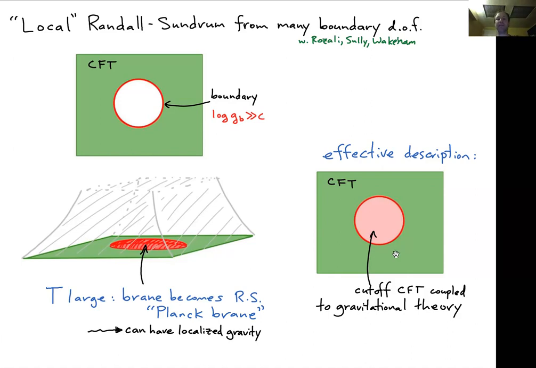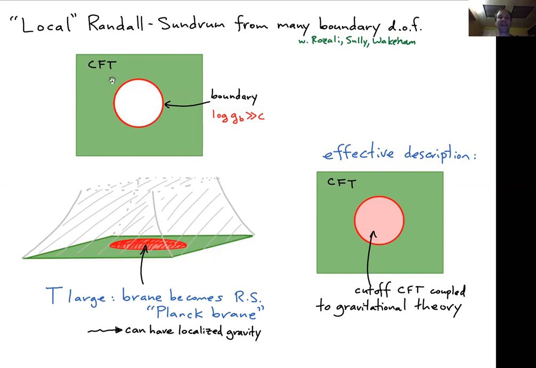And so you could ask, well, what is this gravity theory that we get all of a sudden? A separate way to understand that is to think of the whole thing a different way. Let's think about not having these bulk degrees of freedom at all.